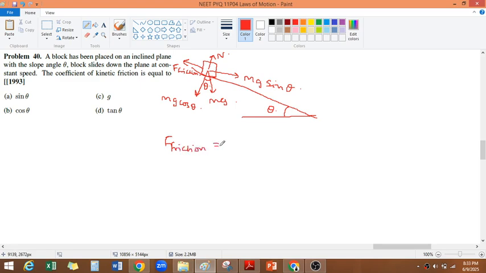Friction is equal to mu into N. Very often you will make a mistake of writing it as mg, but look at this. N is equal to mg cos theta, not mg. So that means friction is mu mg cos theta. In inclined plane problems, it is not mg.